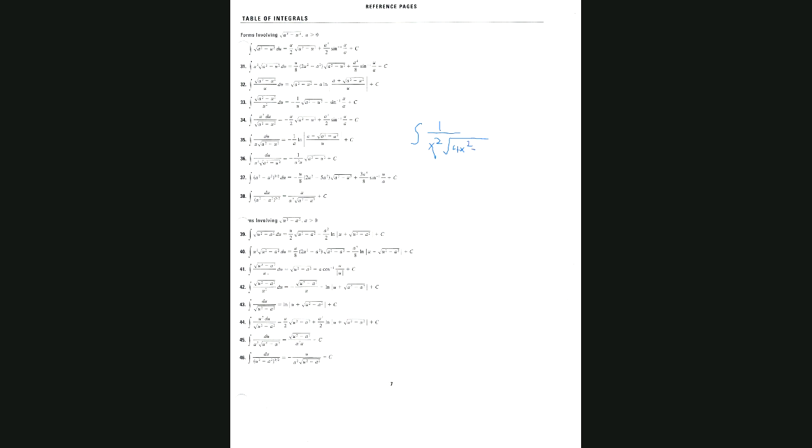It's 4x squared minus 7. Well, with formula 36, there is a minus there, but there's still a problem.